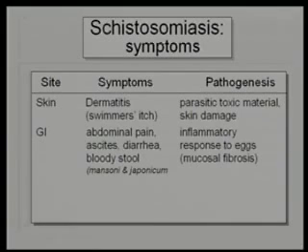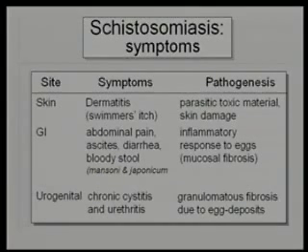That is caused by Schistosoma mansoni and Schistosoma japonicum. By contrast, Schistosoma hematobium affects the blood vessels around the bladder or the bladder tissue itself. And this will result in chronic cystitis and urethritis.